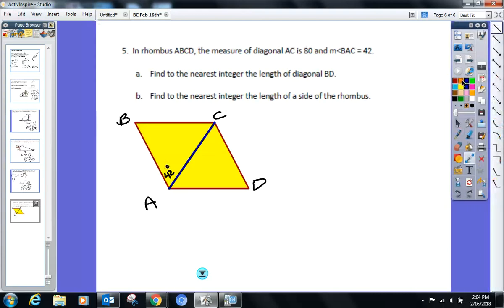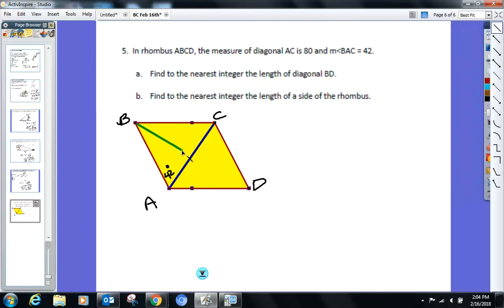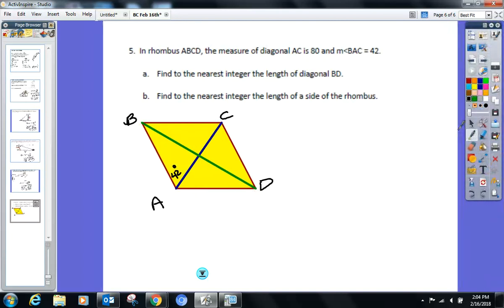As I draw the next diagonal that I need to find the length of, anybody want to just start yelling out some properties I should be aware of right now? Form right angles and bisect each other. So what just happened to that diagonal of 80? 40 and 40. And you told me that they were perpendicular, form a right angle. Am I going to be able to find BD right now?